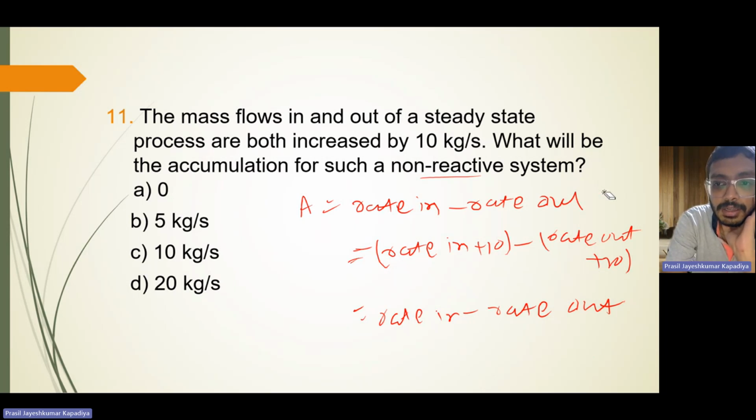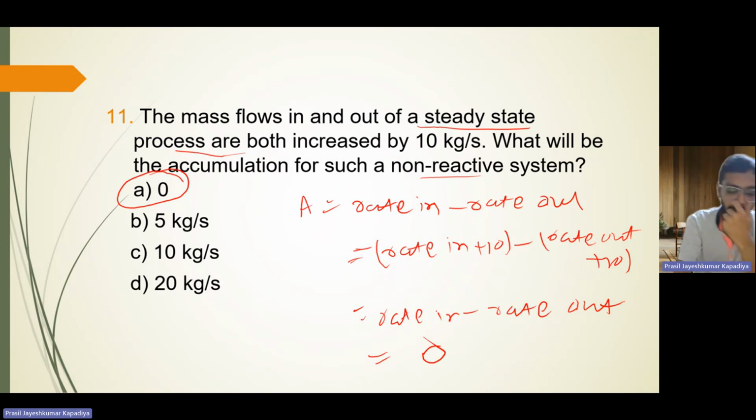The process is initially at steady state, so this is already 0. So our answer is A, that is 0. This is how we can write down the mass balance and solve this.